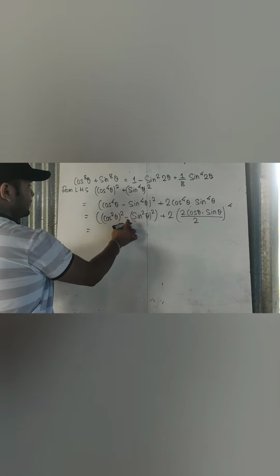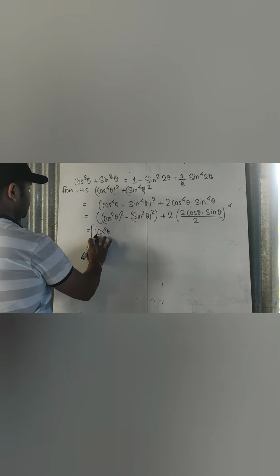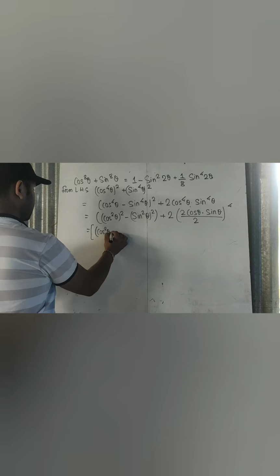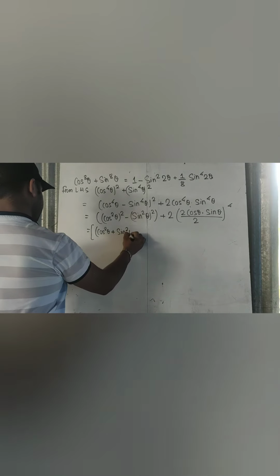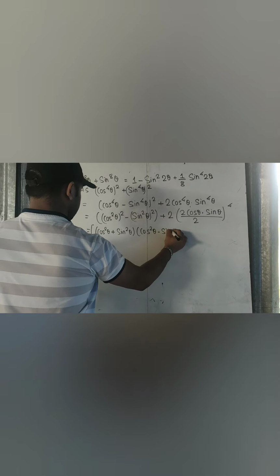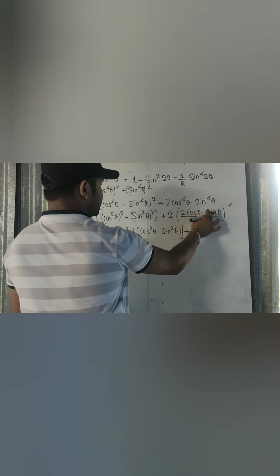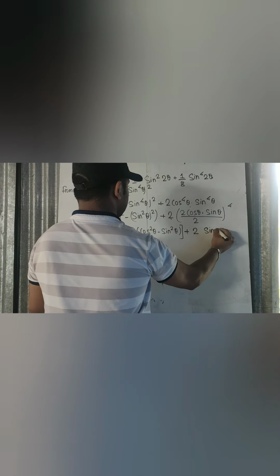Here you have A square minus B square. The formula for A square minus B square is (A plus B)(A minus B), plus 2 the same. Now 2 sin theta cos theta is sin 2 theta.